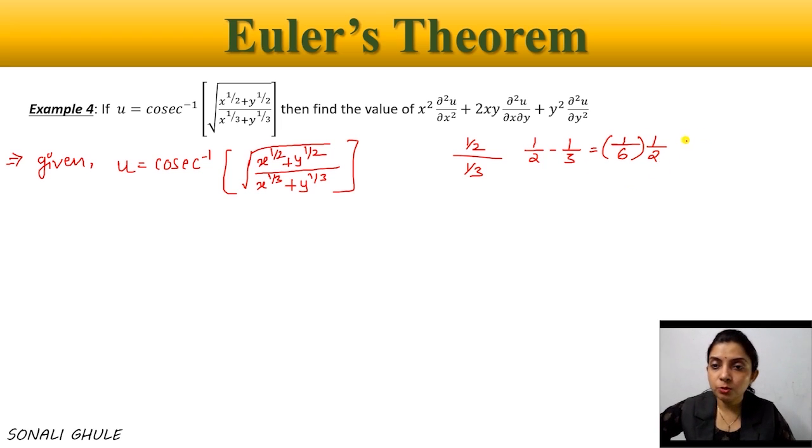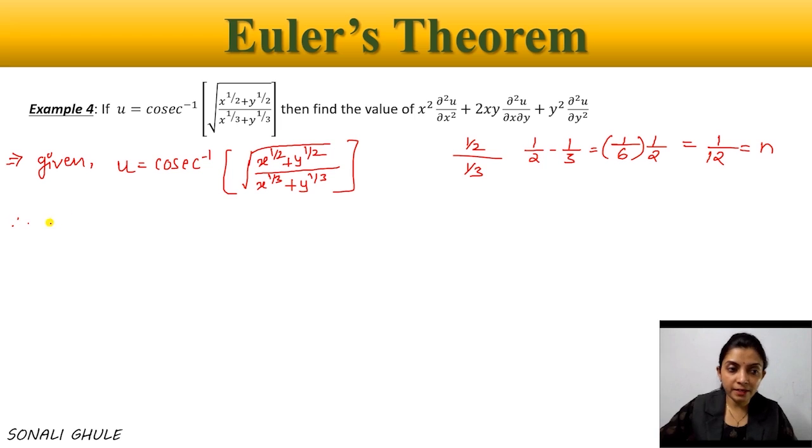That will give me 1 by 12. I hope you all understand. Your powers are multiplied by 1 by 2, so that's why I have to multiply this calculation by 1 by 2, because they are under the square root. So this is the degree: n is equal to 1 by 12 for the given function.